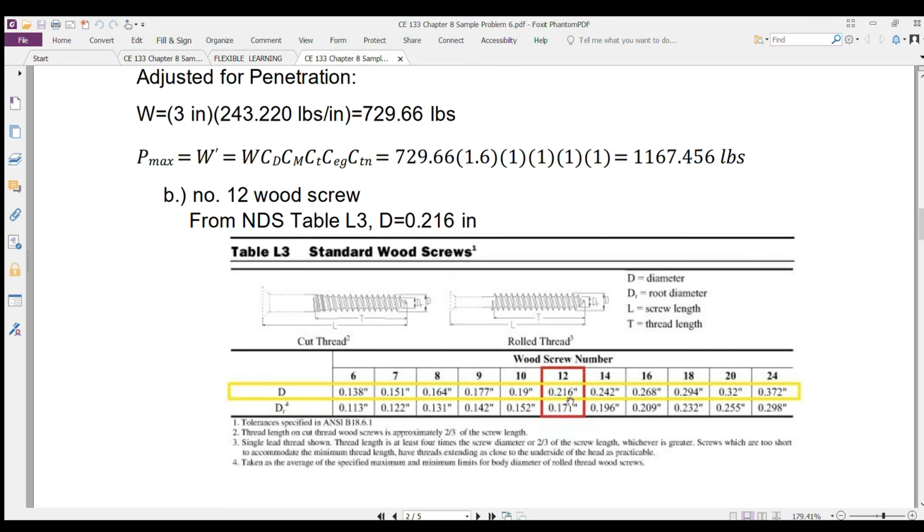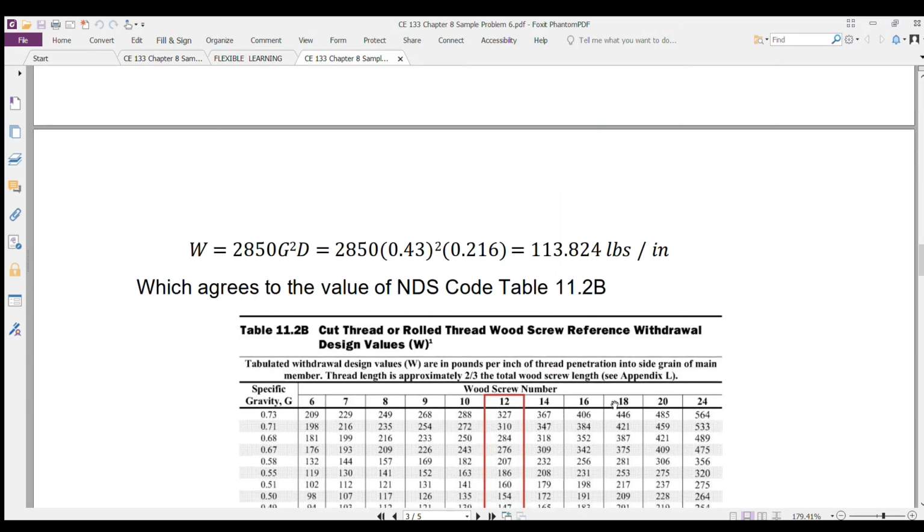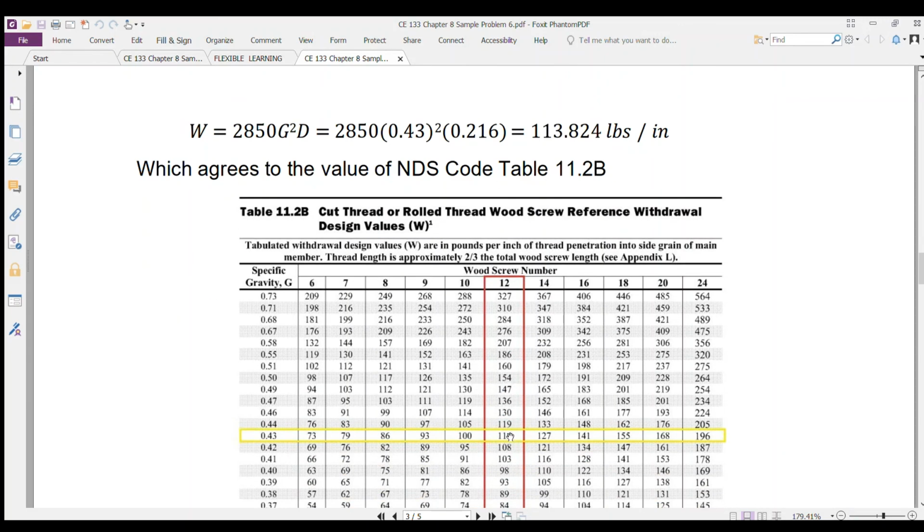Next is the number 12 wood screw. As you can see here, it has a diameter of 0.216 inches. Using the formula W equals 2850 G squared D and substituting the values, we have 113.824 pounds per inch, which agrees with the NDS code table 11.2b, 114.